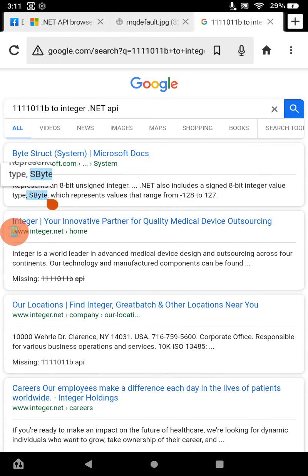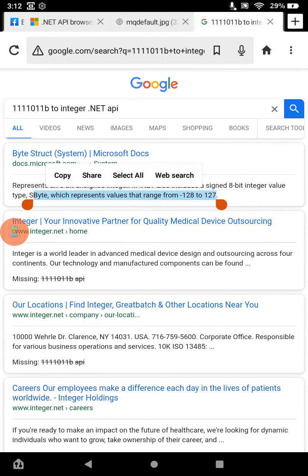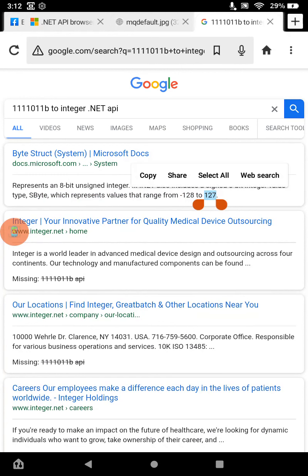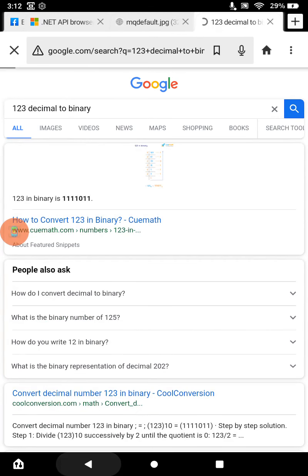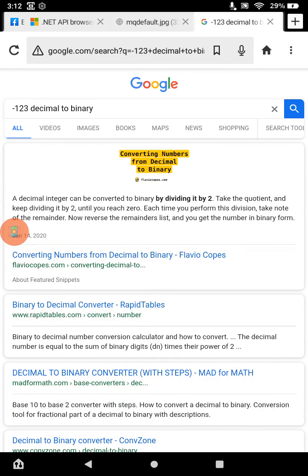That's right. Which represents values that range from negative 128 to positive 127. The reason it's missing one whole number is that if it's a positive value, there would be a 0, just like I was demonstrating.